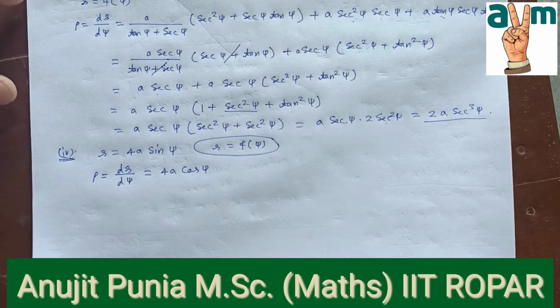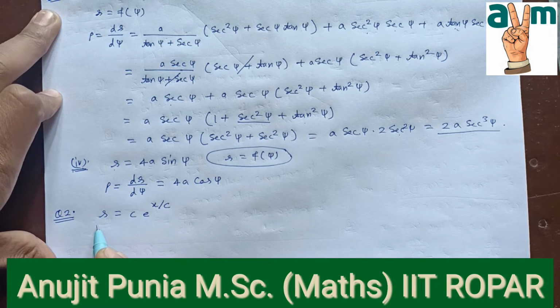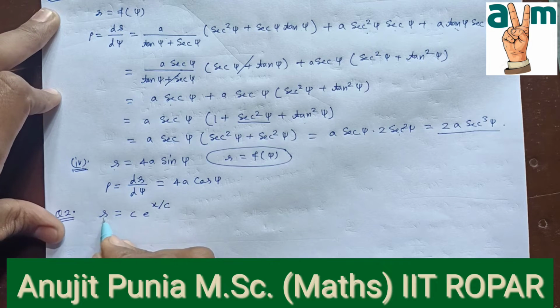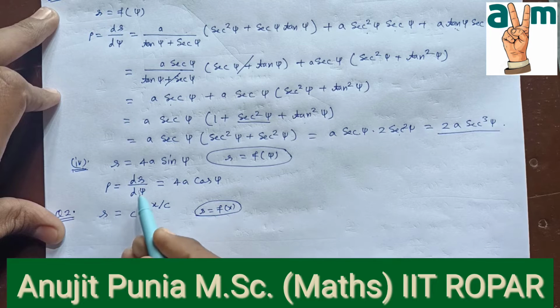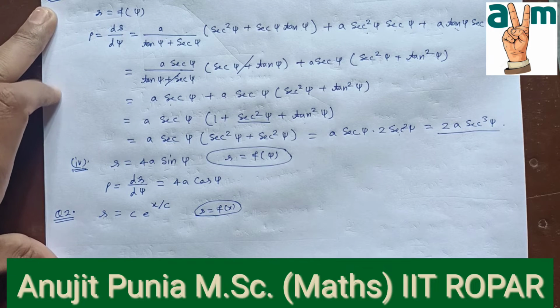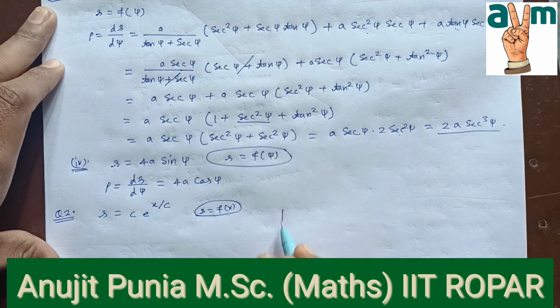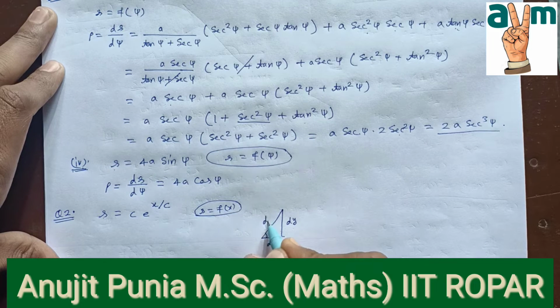This is our radius of curvature. Okay, this is our second question. In this question the function is given s is equal to f of x, and we know to find the radius of curvature we have to find the derivative of s with respect to psi, but here psi is not given. Then keep one thing in mind: this is a triangle, and this angle is psi, and this is dy, and this is dx, and this thing is ds.